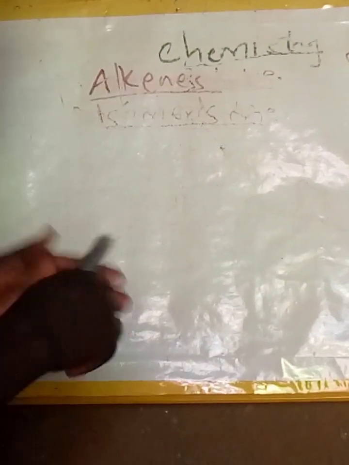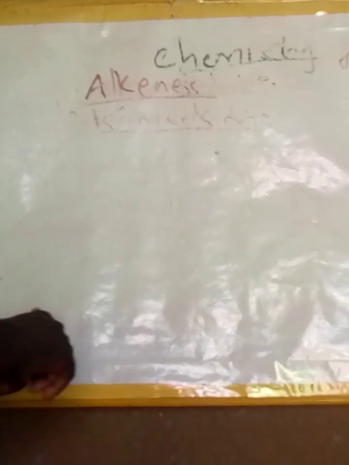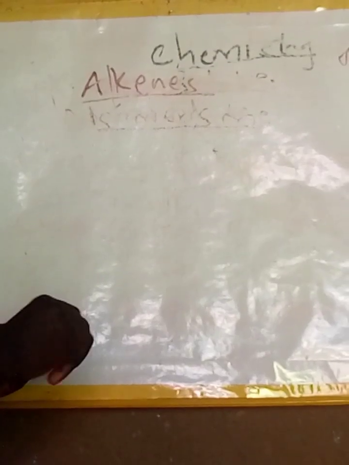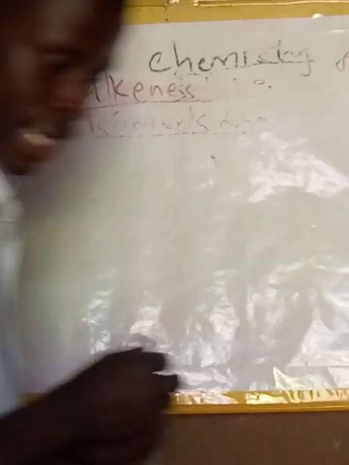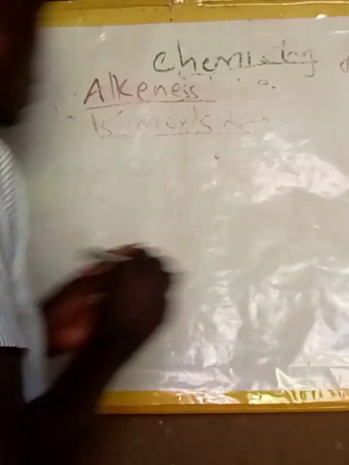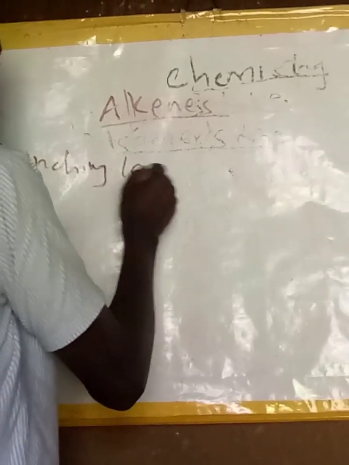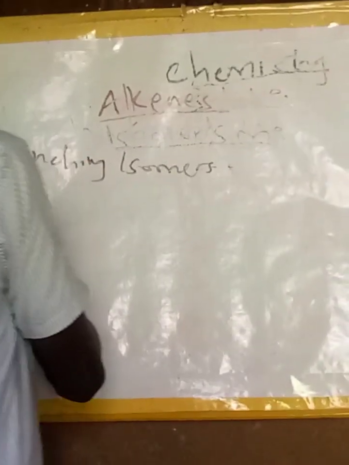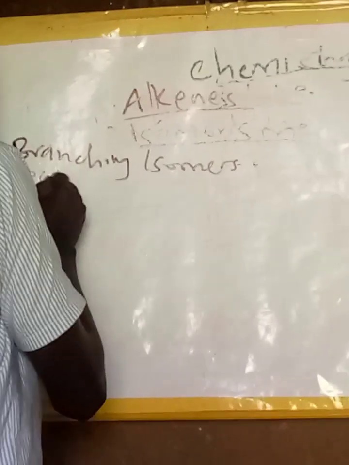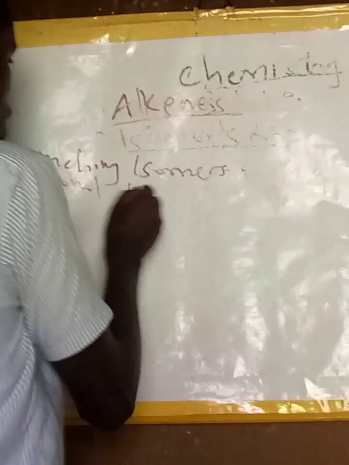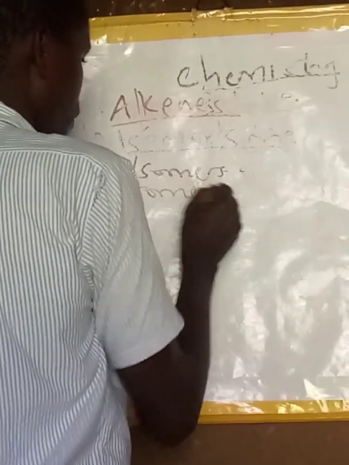But for alkenes, we normally have two types of isomers: branching isomers, and also positional isomers.